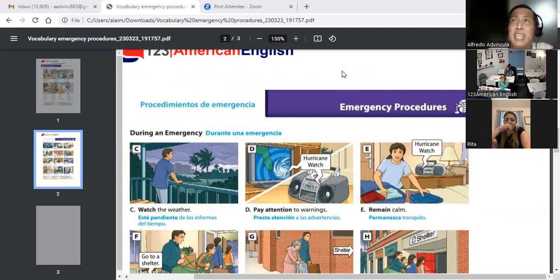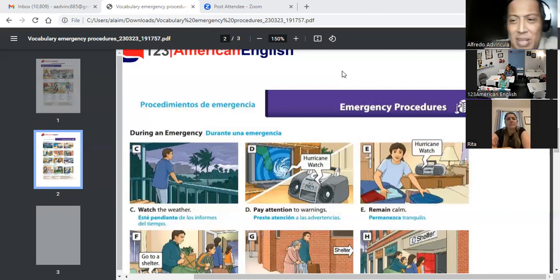In other parts of the central states, they don't use the word hurricane, but they'll use the word tornado. Oklahoma, probably north of where you guys are in Texas, going up a little bit. Kansas, that's tornado country there. So these are just some other types of natural disasters, guys.